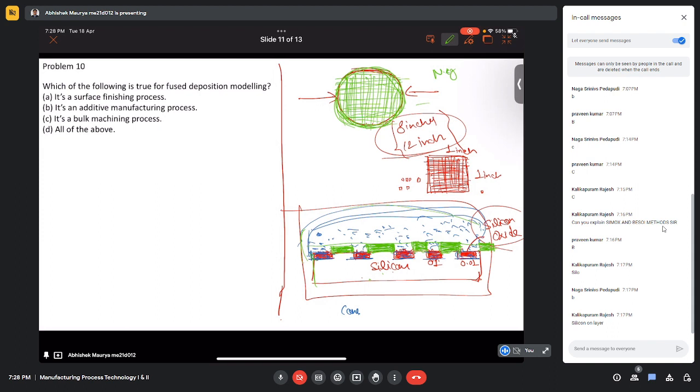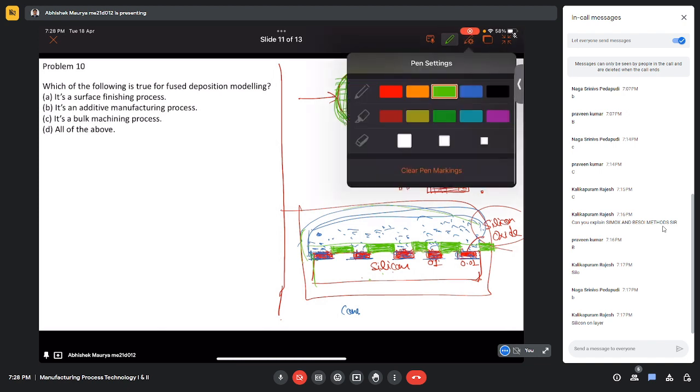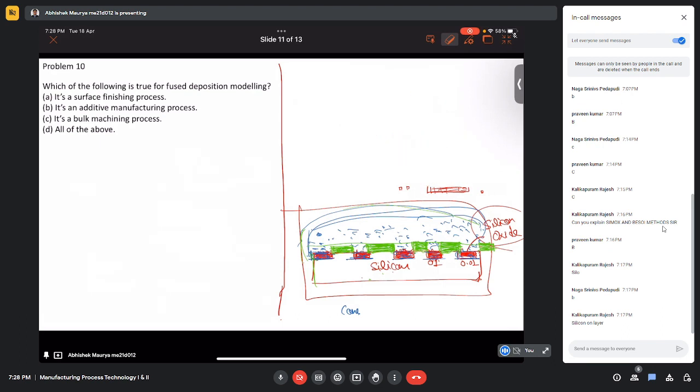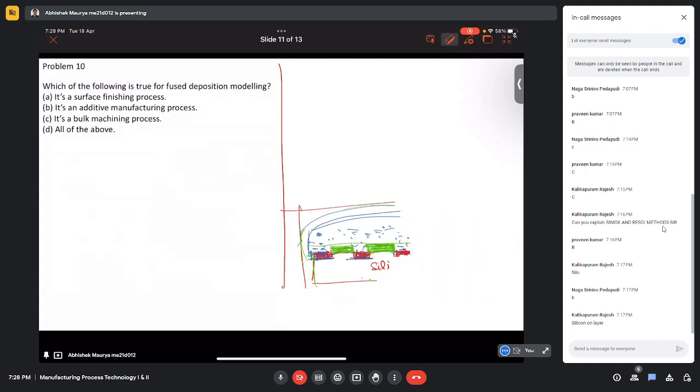So this is what I know about micro manufacturing related to the semiconductor industry. Probably you can read more, but this is what I have explained for your knowledge.